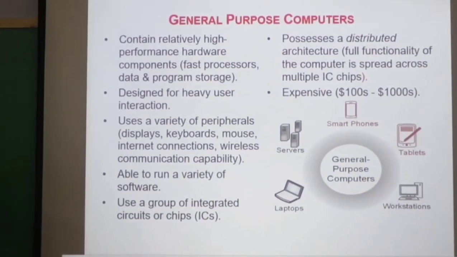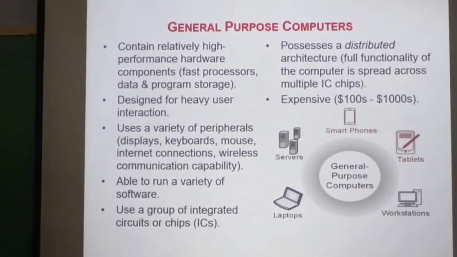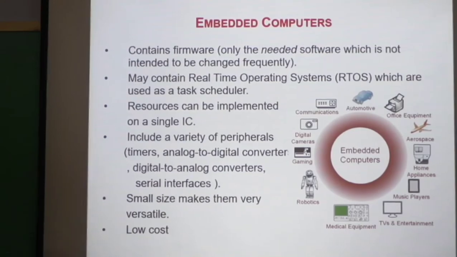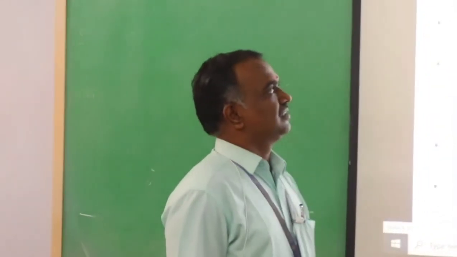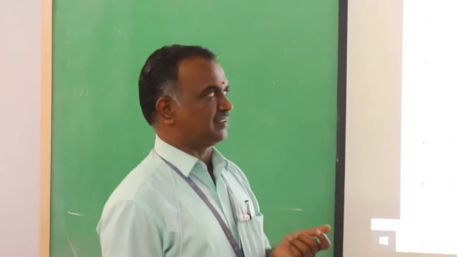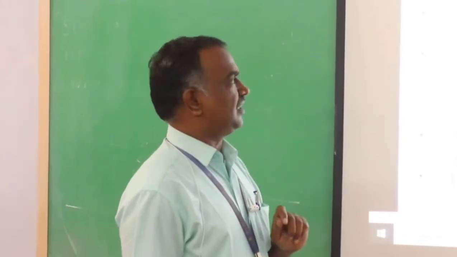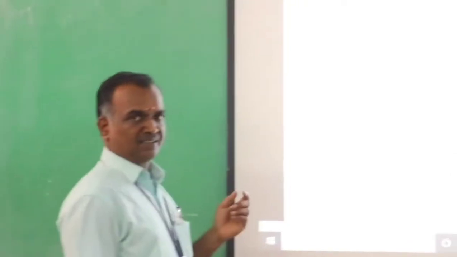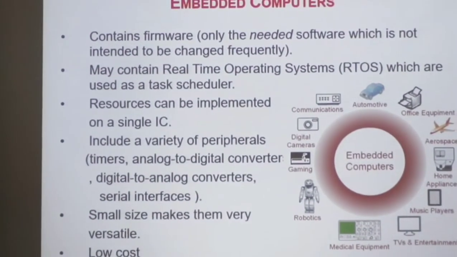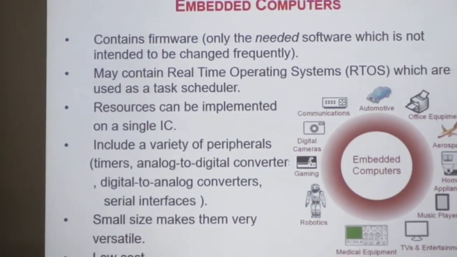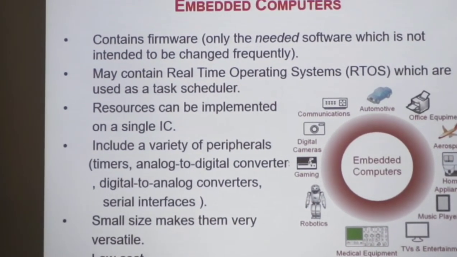Then the embedded computers. In embedded computers, application oriented software will be embedded, that is, only the needed software will be embedded in the hardware. It may contain a real-time operating system also. The resources can be embedded on a single IC only.